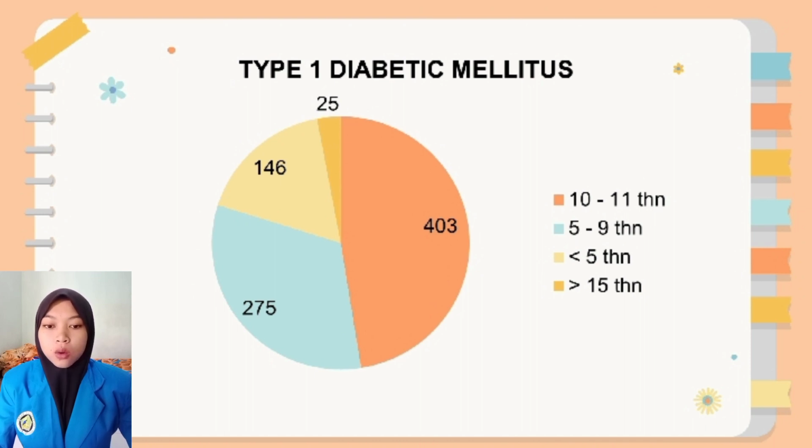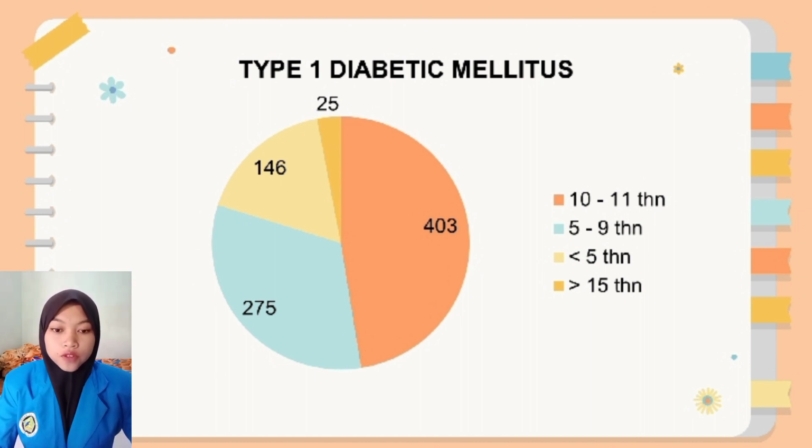At the age of 5 to 9 years of the disease, 275 cases were recorded, while at the age of less than 5 years, there were 146 cases recorded, and at the age of more than 15 years old, only 25 cases were recorded. And so from this, it can be concluded that type 1 diabetes mellitus occurs in children and adolescents.